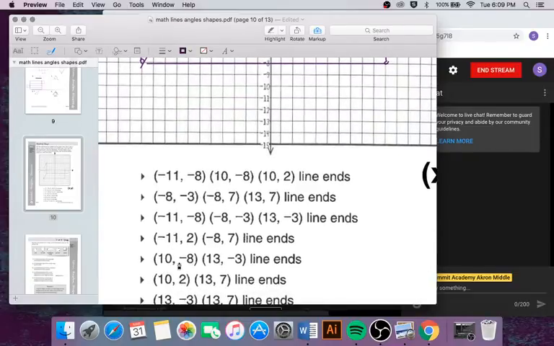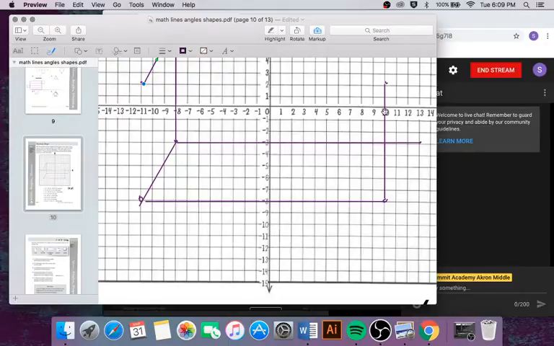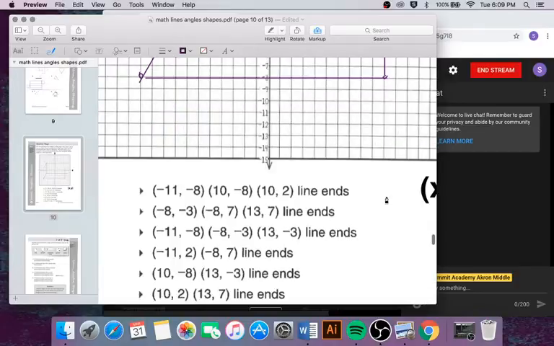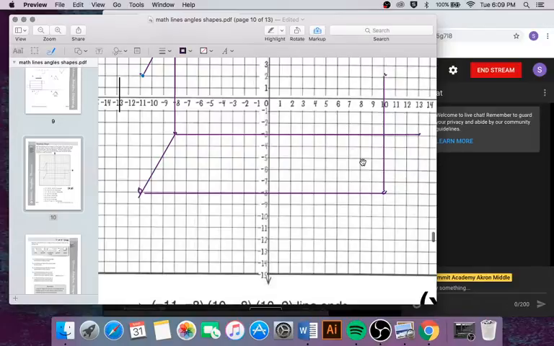Our next one is 10 and -8. So we're going to go over 10 and down to -8. We have a point there already. And 13 and -3. So we're going to go to 13 and -3.